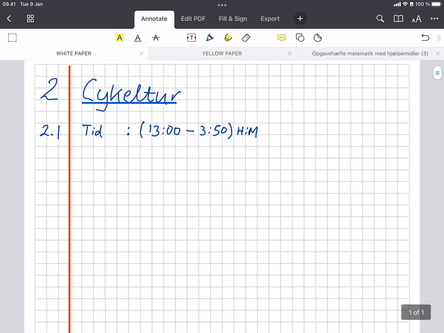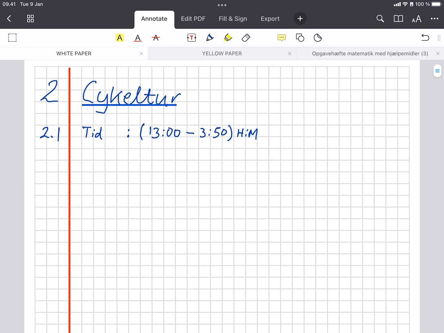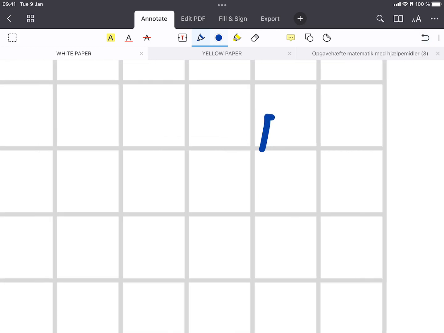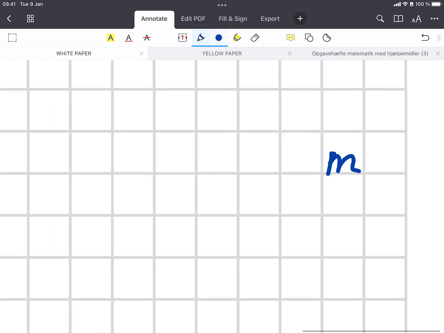So I'll have space here for the units. So I'm going to put 10 minutes there in the boxes. Let's make that small m. Small m. I'm going to zoom in on that. So 10 minutes.